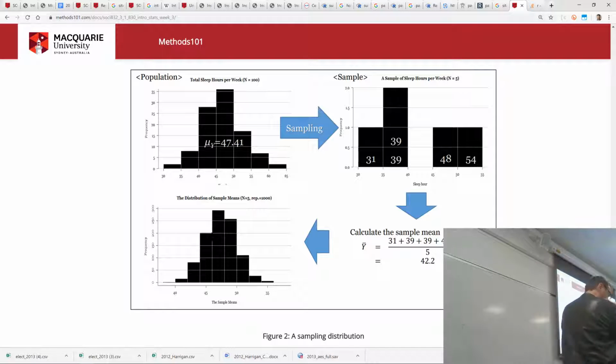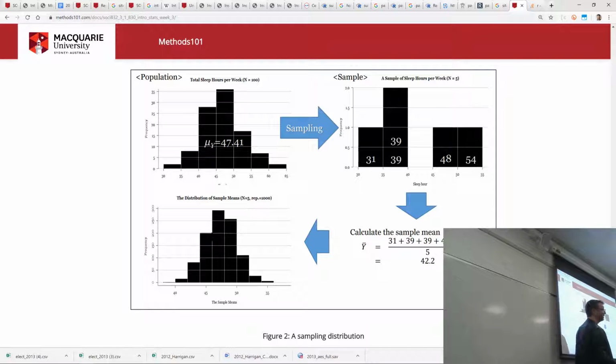All I'll say is this. You're asking, why do we care about all this? Because the central limit theorem allows us to get graphs like this, a normal distribution. And this allows us to calculate the standard error, which is basically a measure of the variance of this distribution.